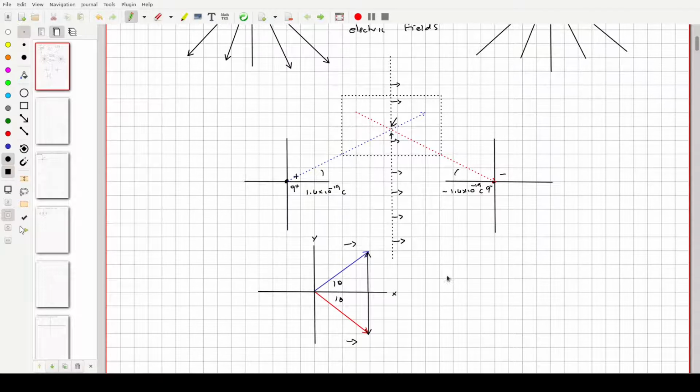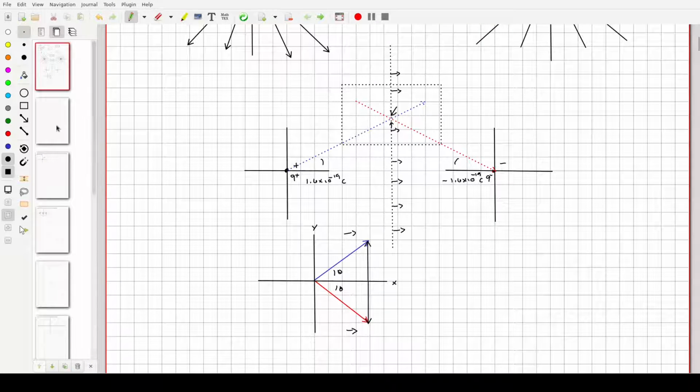Now let's pretend that you did exactly this for lots and lots of locations. The goal was to find the magnitude and the direction of the field and to get a sense of what the overall net field looks like.